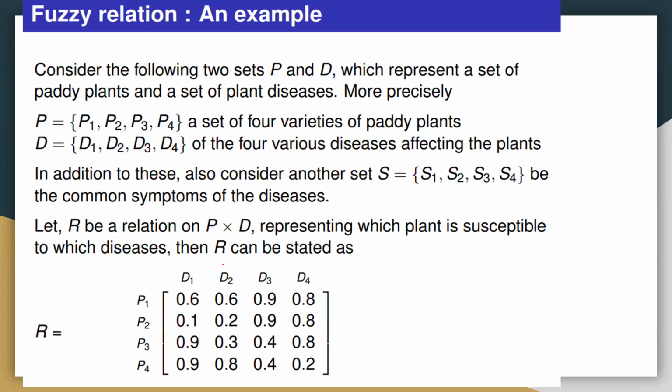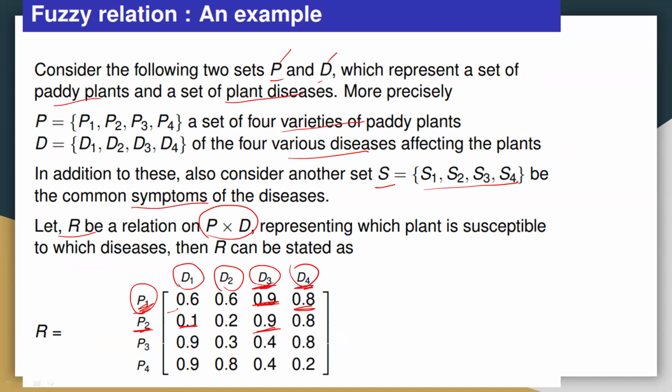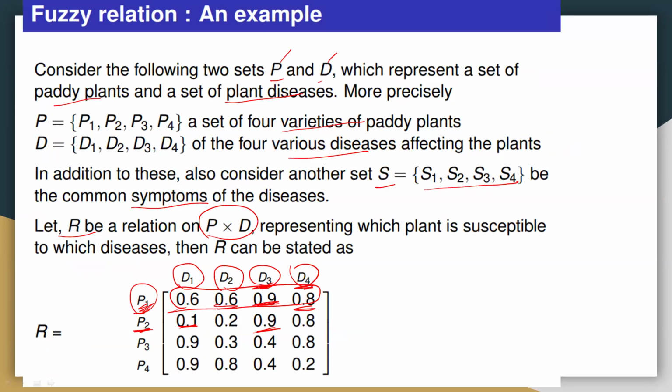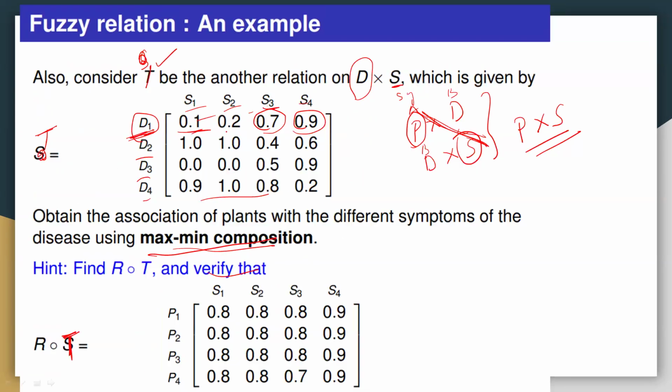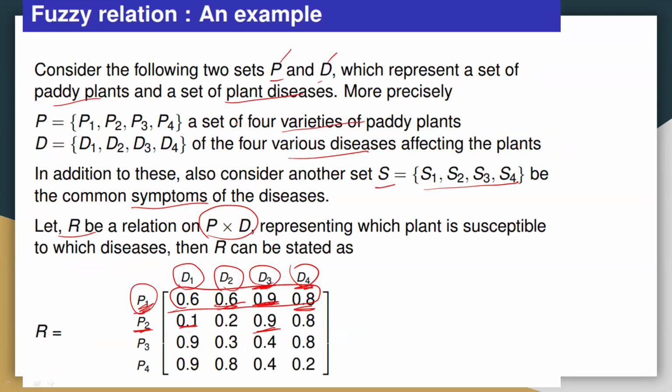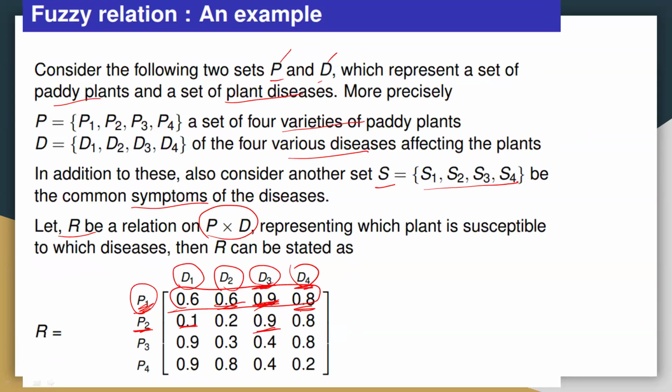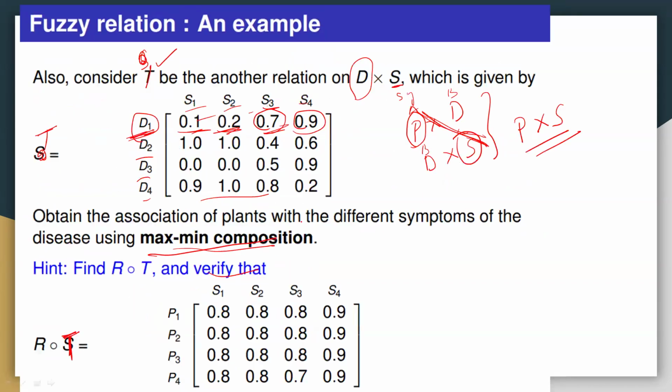So R composition T, what do you have to do? You have to take the first row like this, say minimum of 0.6 and 0.1 over here. Then minimum of the second value 0.6 and 0.2 here. Then the minimum of 0.9 and 0.7. Then minimum of 0.8 and 0.9.